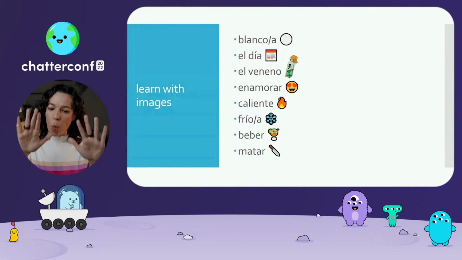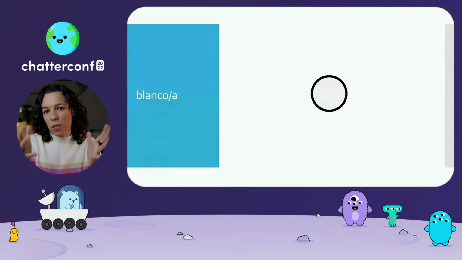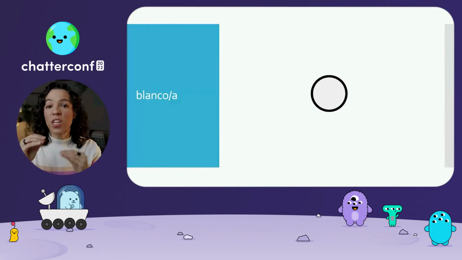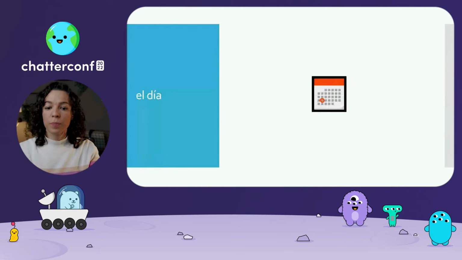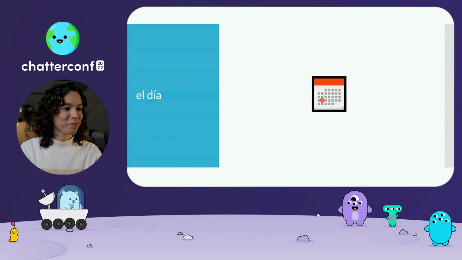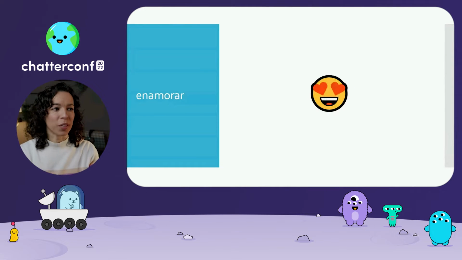So let's go one by one. Blanco, white. And you see blanco, blanca, because it changes in Spanish, because I'm teaching you Spanish right now in case I wasn't clear about that. It changes depending on the gender of the word. Blanco, white. Dia, day. Okay, see? Veneno, poison, el veneno.